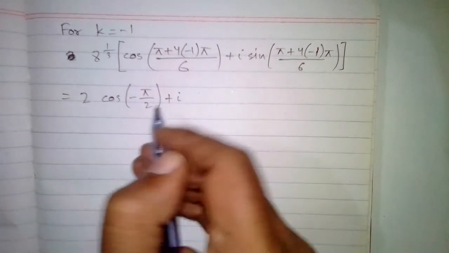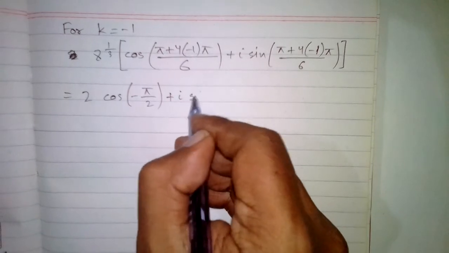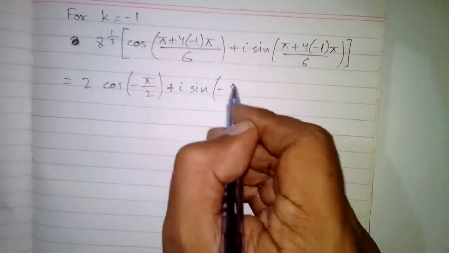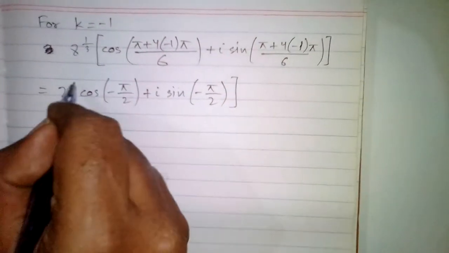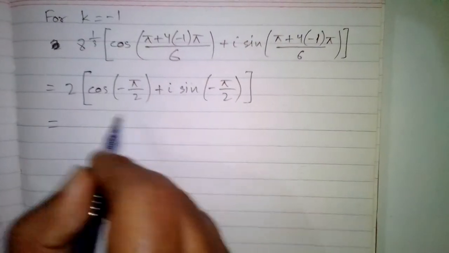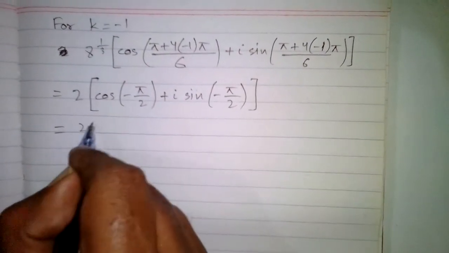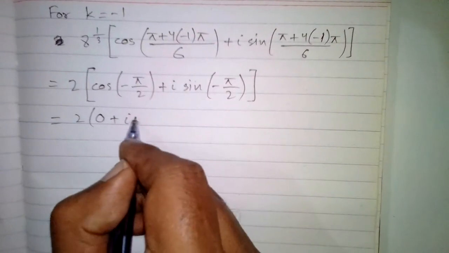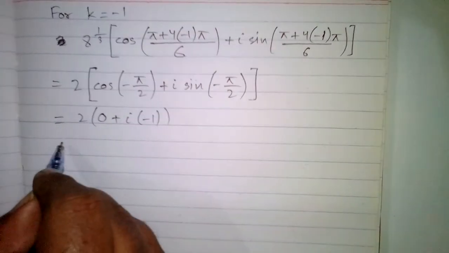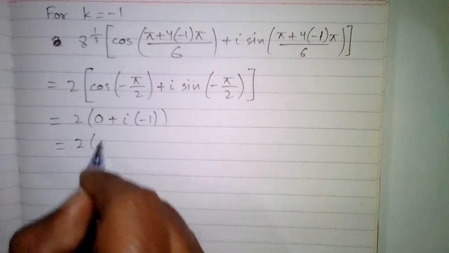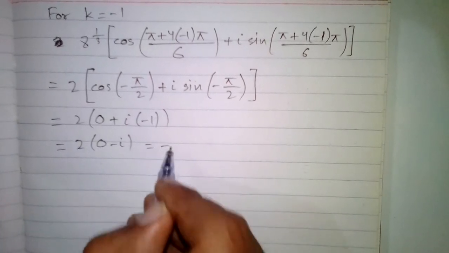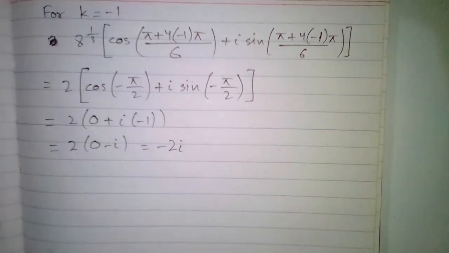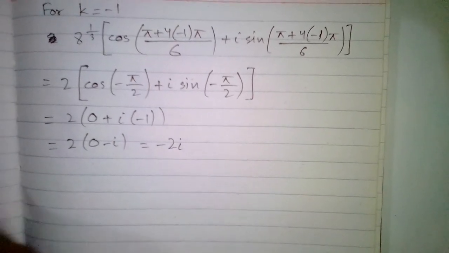So we have cos of minus pi by 2 plus iota sine of minus pi by 2, and cos of minus pi by 2 is 0, and sine of minus pi by 2 is minus 1, and this will be equal to 0 minus iota times 2, which is equal to minus 2 iota.